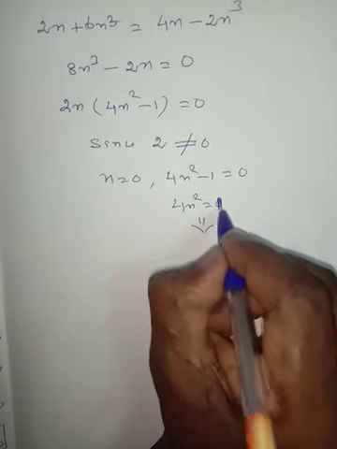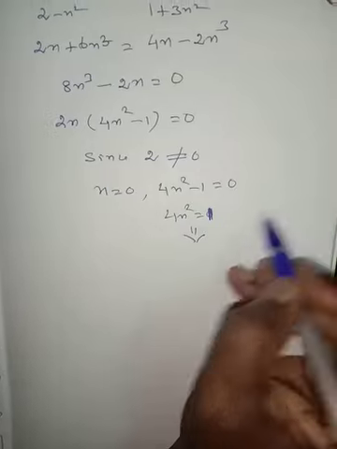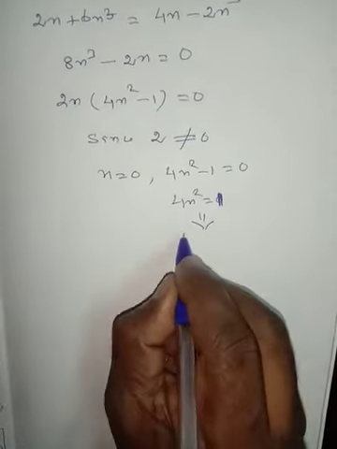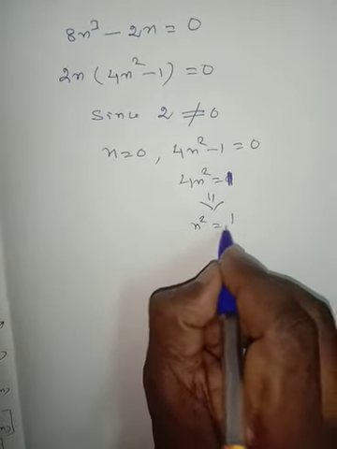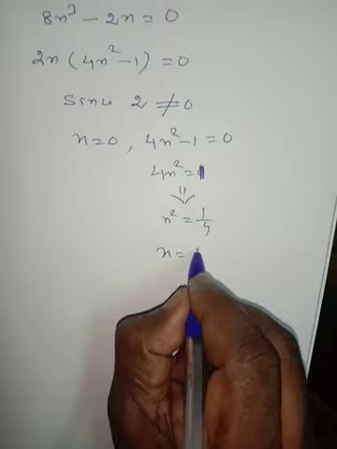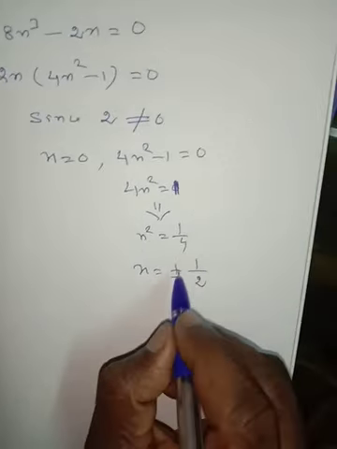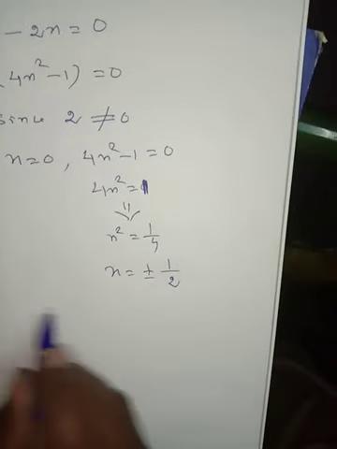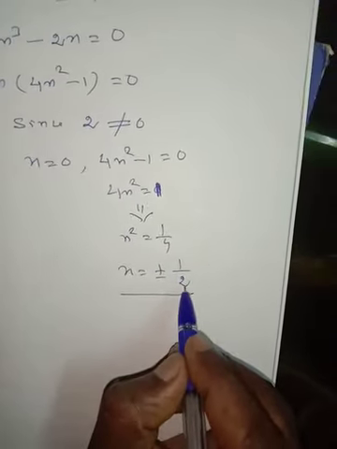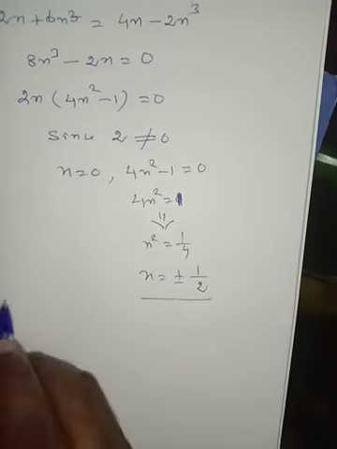This minus 1 goes to right hand side, so 4x square is equal to positive 1. So x square is equal to 1 by 4. Taking square root on both sides, we get x is equal to plus or minus 1 by 2. Now there are 2 solutions, plus or minus 1 by 2, and 0. Therefore totally 3 solutions.